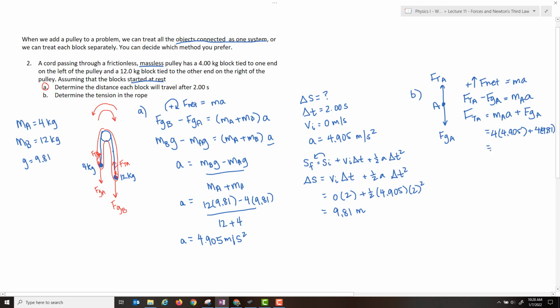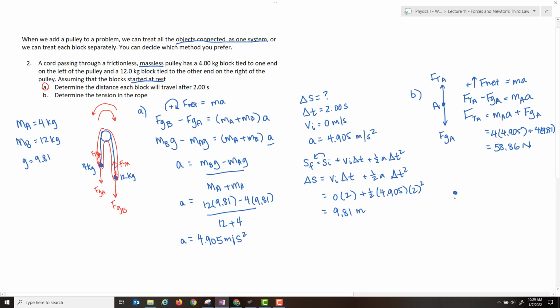All right, so I'm going to type this up and find out what I get. And here I'm getting 58.86. So my force of tension is 58.86 when I look at the free body diagram for object A.